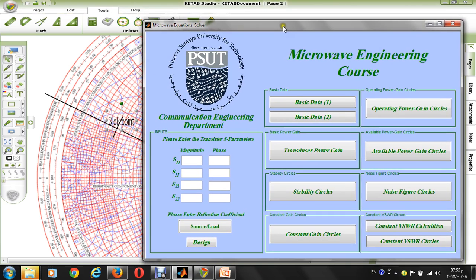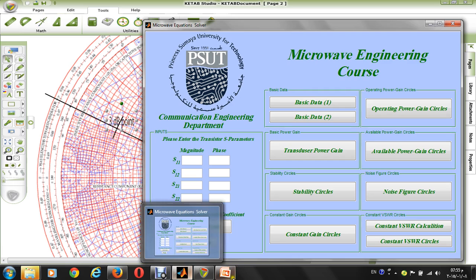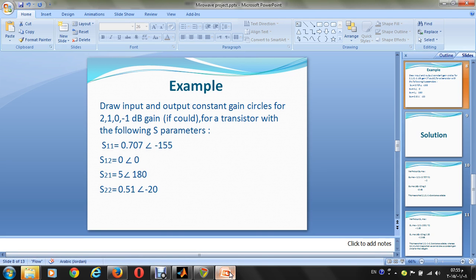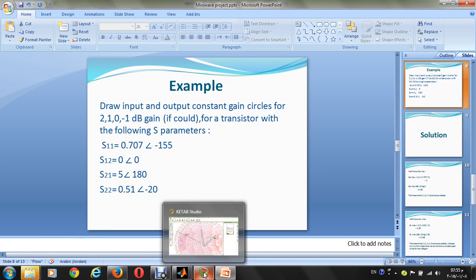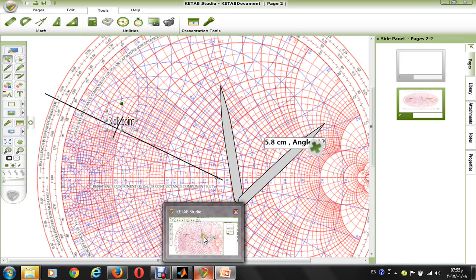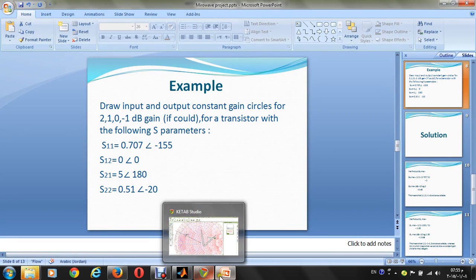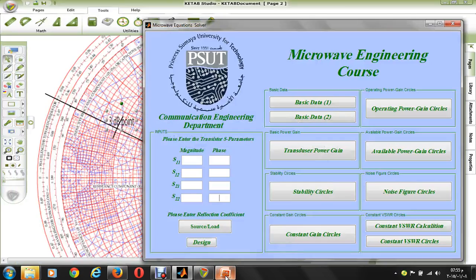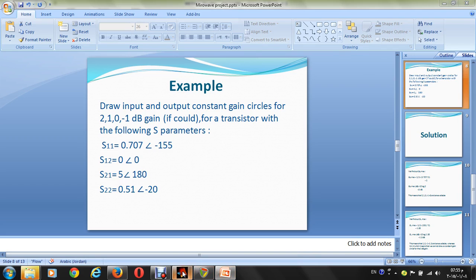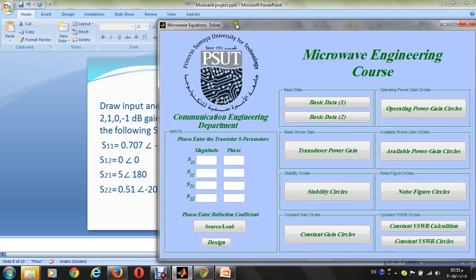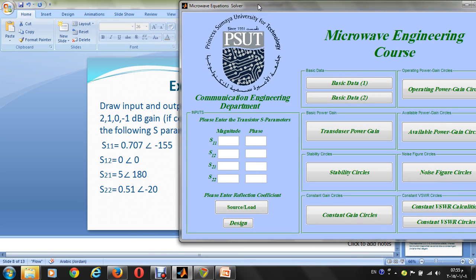This calculator can easily give us the radius and the distance for the circle I'm going to draw. I need this, okay, and I need the calculator. This is a very easy calculator to use. I just put here the values of the parameters as seen.